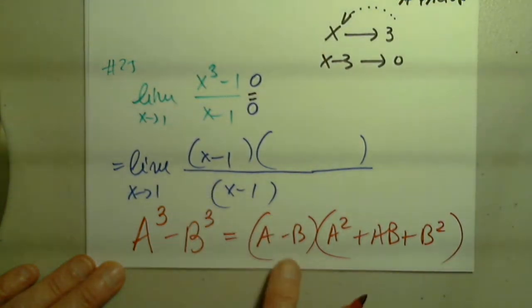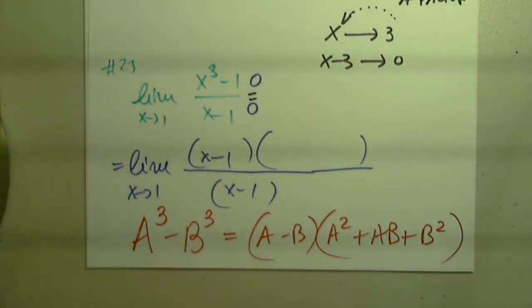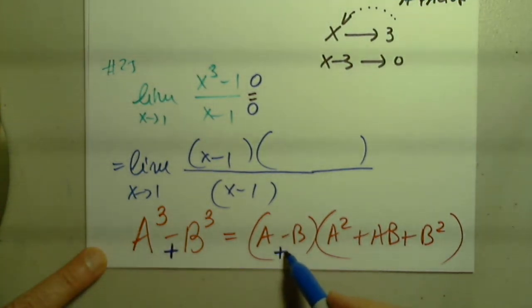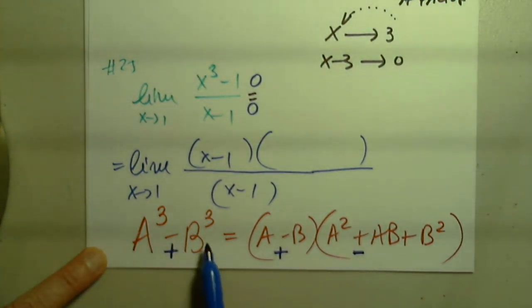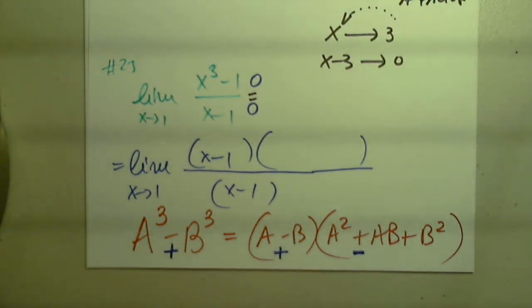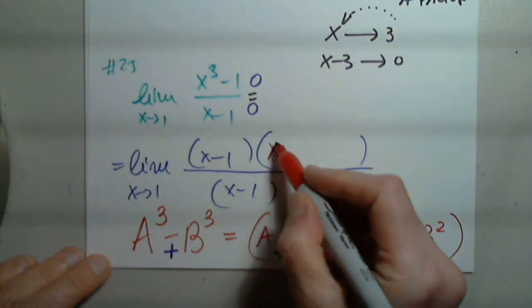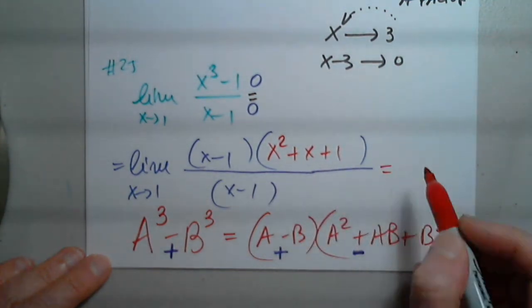So I have the a minus b already. And of course, let me also show the other formula with the plus here and the plus here and a minus here. So minus, minus, plus, plus, plus, minus. Okay, so this is x squared plus x plus 1.